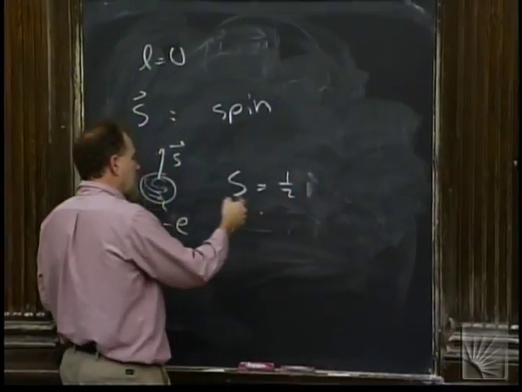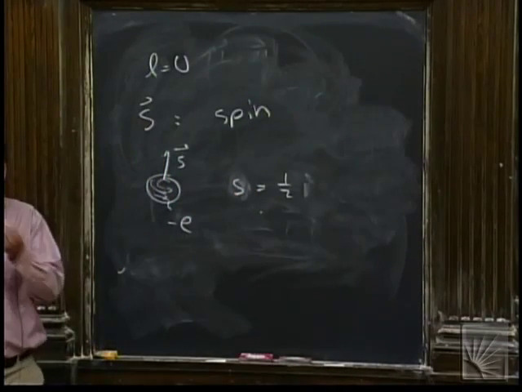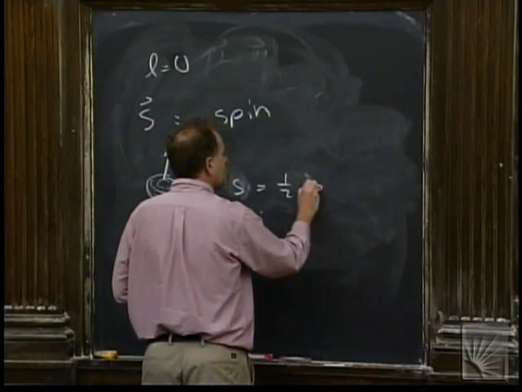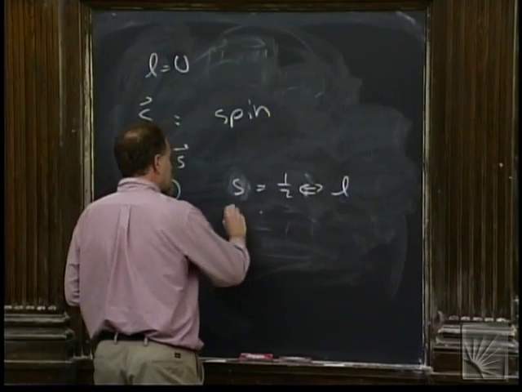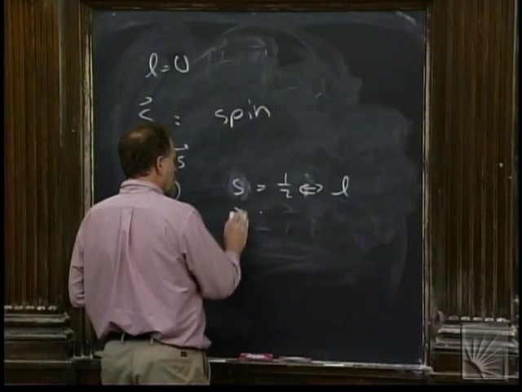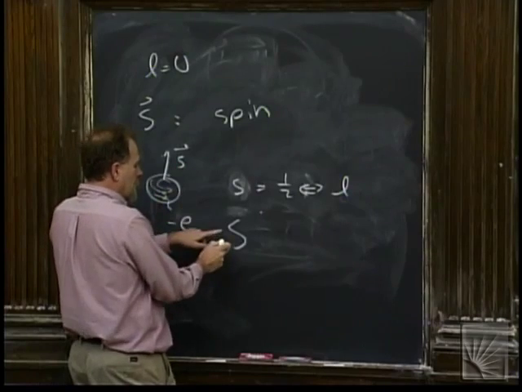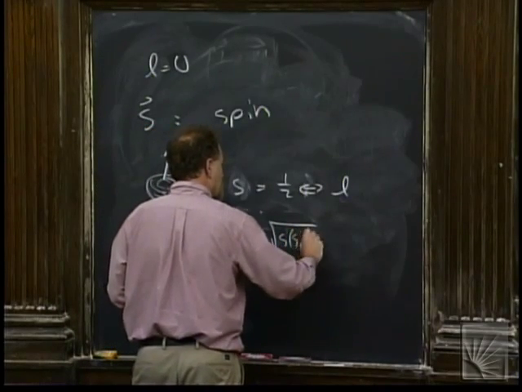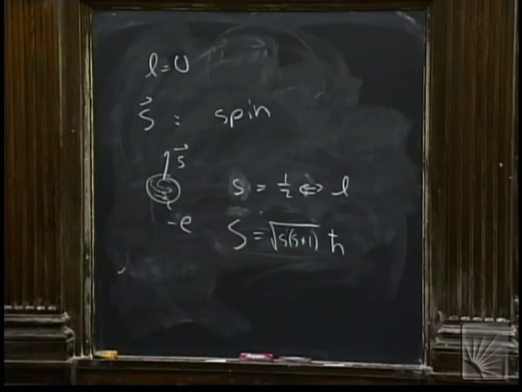Well, the way to think about it, we write lowercase s as a number which is a half. And this is analogous to L. There's a vector spin, whose magnitude is the square root of s times s plus 1. The same formula as for angular momentum.